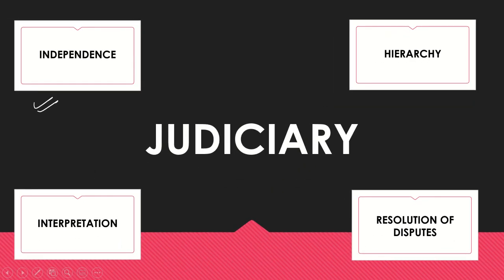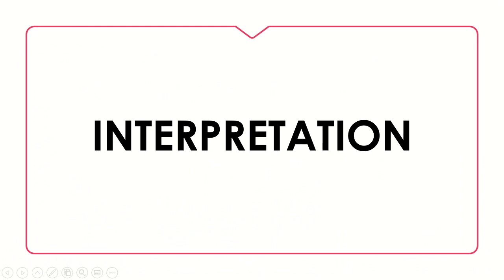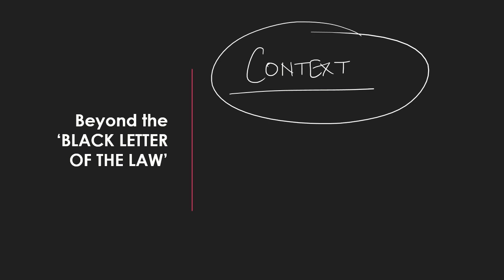Now I'll talk about interpretation. You see, if you remember, I had told you that the meaning of a law is gathered from its context. Very important point. The meaning of the law is gathered from its context, which means that we go beyond the black letter of the law.